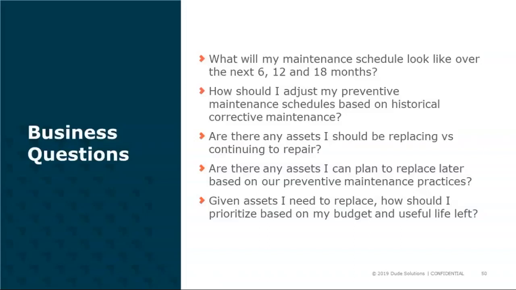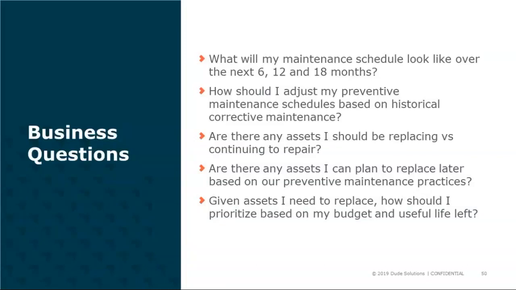So we started with a set of questions, taking a look at overall maintenance. What will the schedule look like over the next 6-12 months for work orders and maintenance and things like that? How could I adjust my preventative maintenance schedule based on what we've done historically for corrective maintenance?